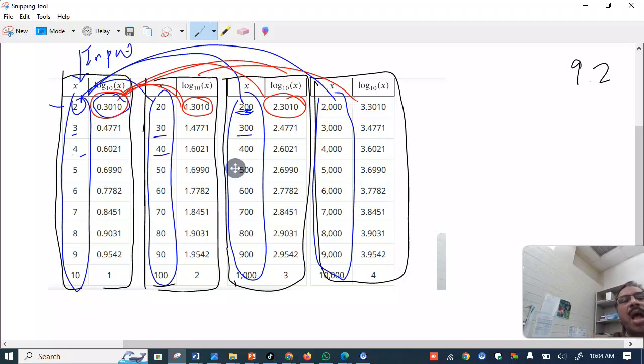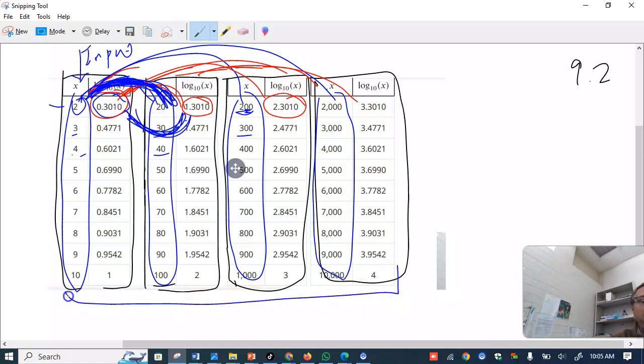So for the output, you're adding 1, and for the input you're multiplying by 10. From here to here, you're multiplying by 10, and in the output you add up. So the output adds up 1 when the input is multiplied by 10. And notice the last row here: everywhere there's log base 10 of x.